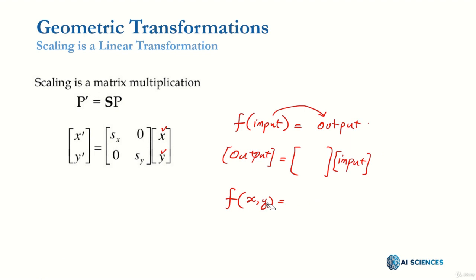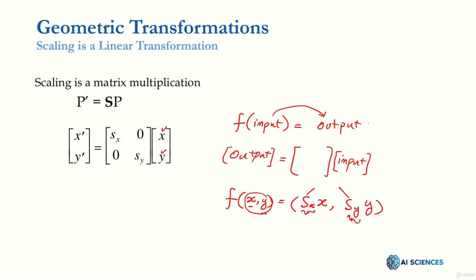One component is sx times x, the other component is sy times y, where sx and sy are scaling parameters and can be considered constants, because the input variables are x and y. Whatever is written here as a variable, the rest of the things are constants.